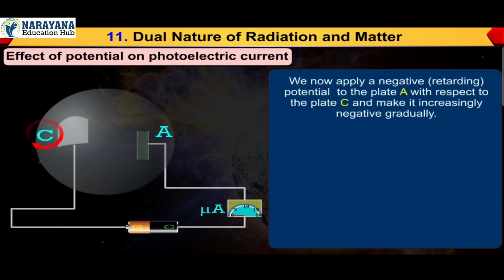We now apply a negative retarding potential to the plate A with respect to the plate C and make it increasingly negative gradually.